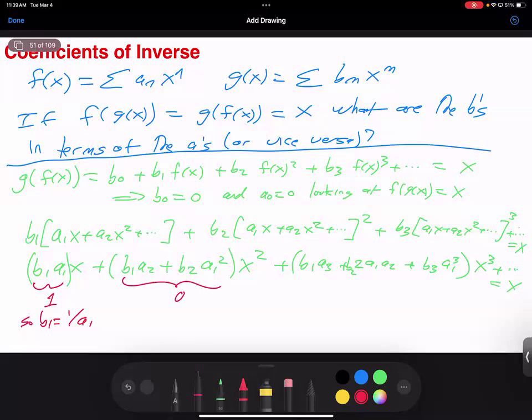Does this give us b2? Yes. So it gives b2 in terms of a's and earlier b's. What about this expression? Does this give b3 in terms of the a's and the earlier b's?